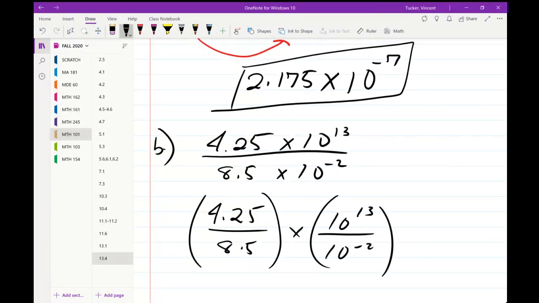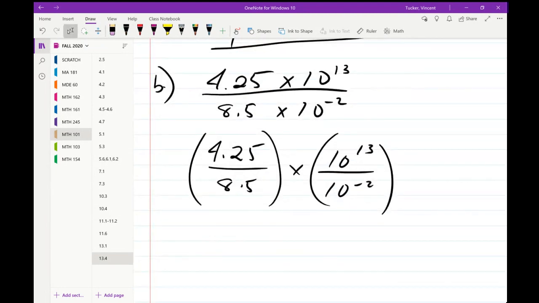That's how we should be looking at that. All right, 4.25 divided by 8.5 is 0.5. Here we have 10 to the 13th divided by 10 to the negative second.